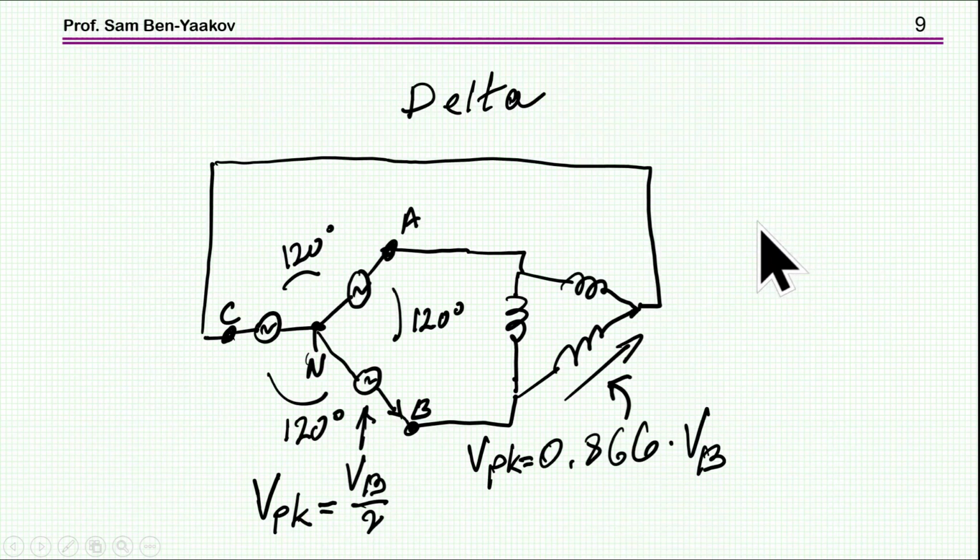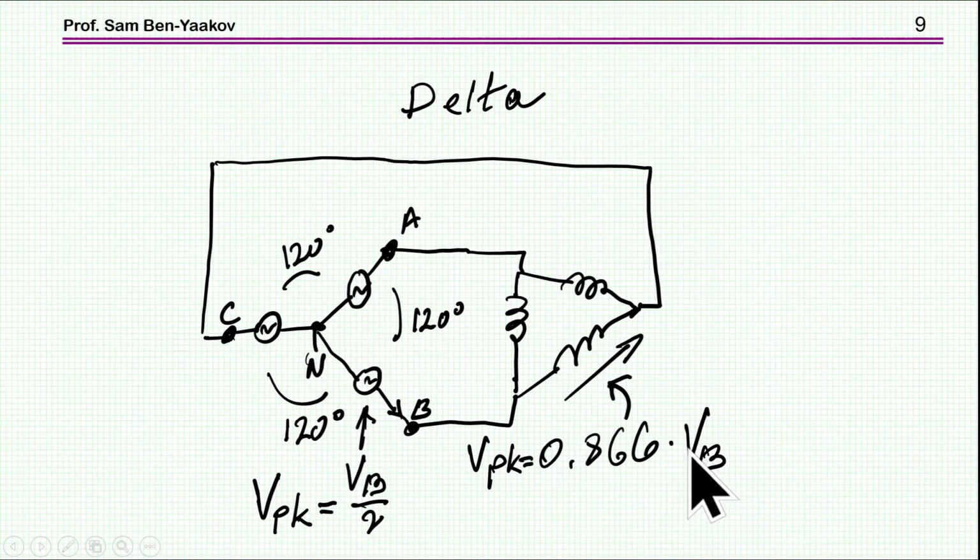On the other hand, if I'm looking at the delta case, indeed each one of these is delivering VB over 2 peak value of the AC, but there is a phase shift here of 120 degrees, and you can calculate that the voltage across the coil in this case will be 0.866 times VB, lower.